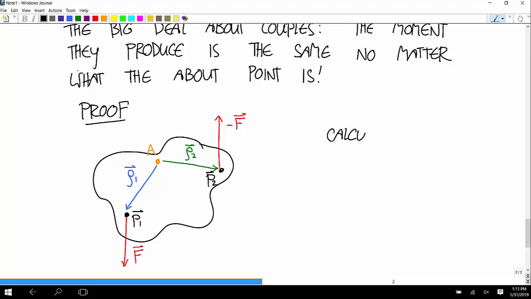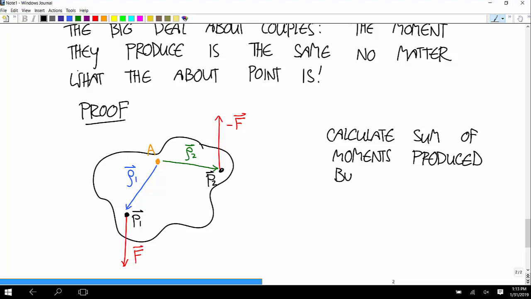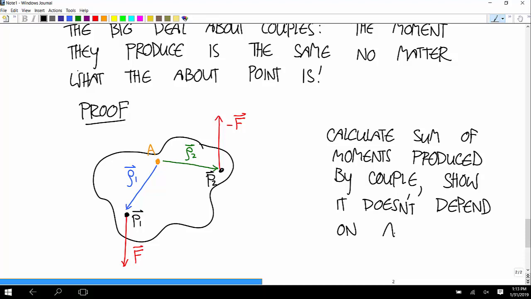So what we're going to do is calculate the sum of the moments produced by this couple, and we're going to show that it doesn't depend on A. Anybody want to ask any clarifying questions or anything to make sense out of what I'm doing here?